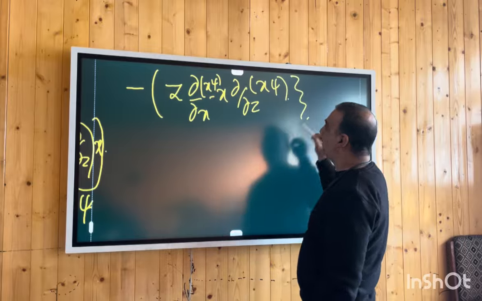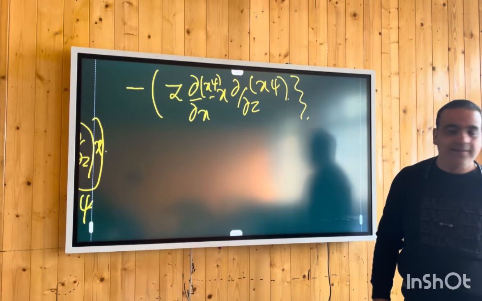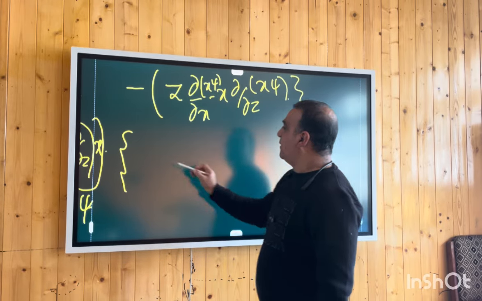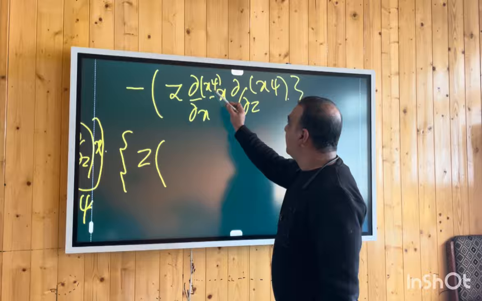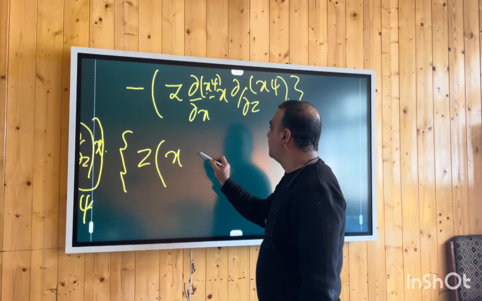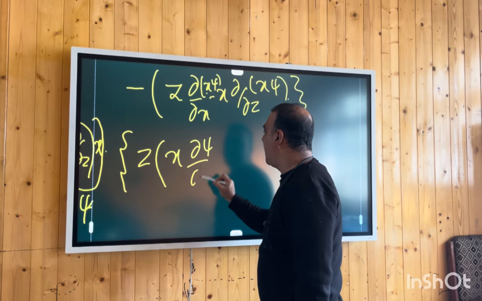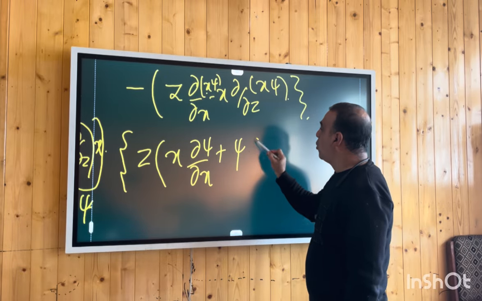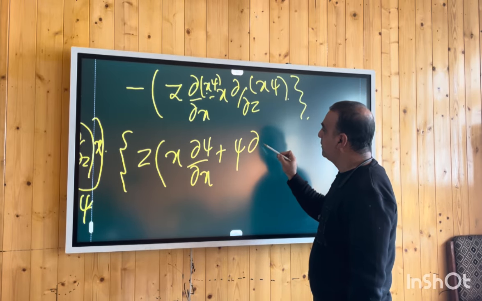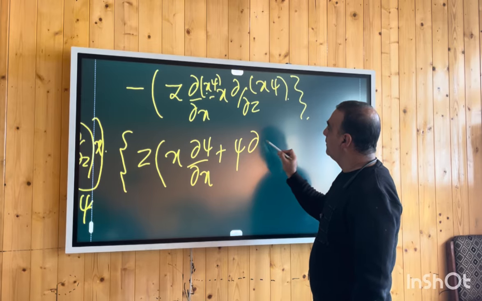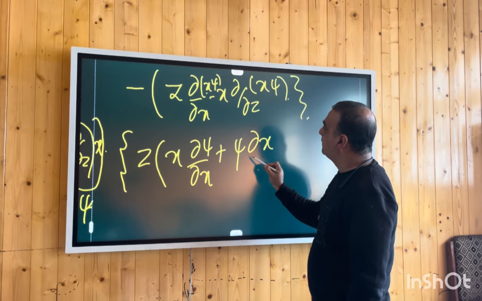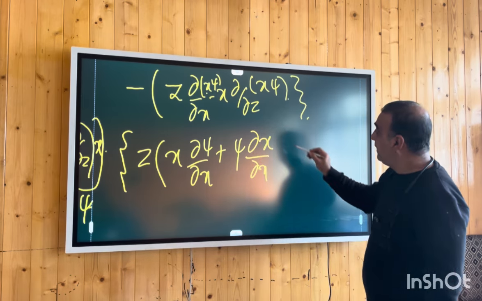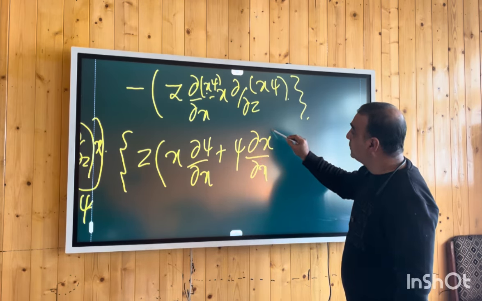So you will be looking for the UV rule. So z is out. Here x will be as it is, ∂psi/∂x, plus psi as it is, ∂x/∂x, that's one. Fine. Now I will close it.